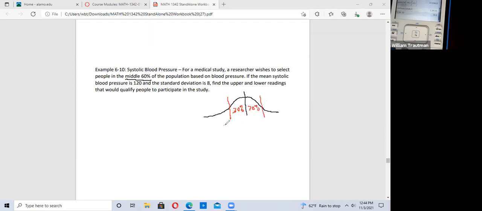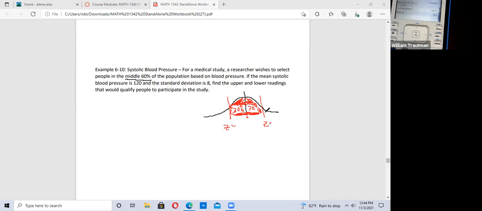So we need to find these two Z values, because this is 60%. All this is shaded in, 30 and 30. It says the middle 60%, 30 on the left and 30 on the right of a Z of 0. That's the mean. So we need to find these two Z values.